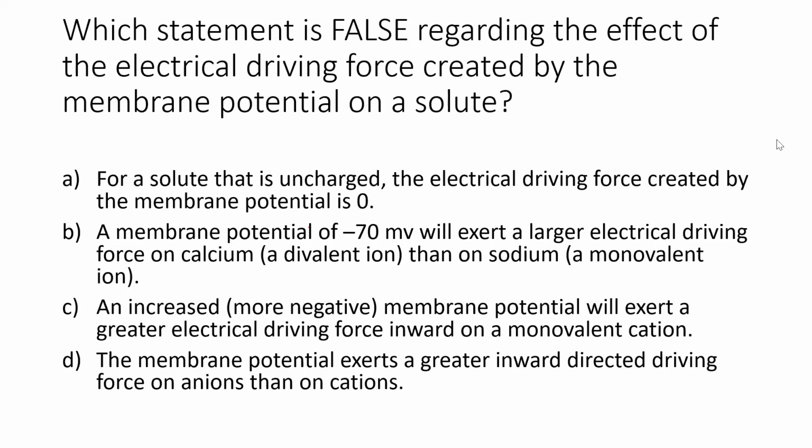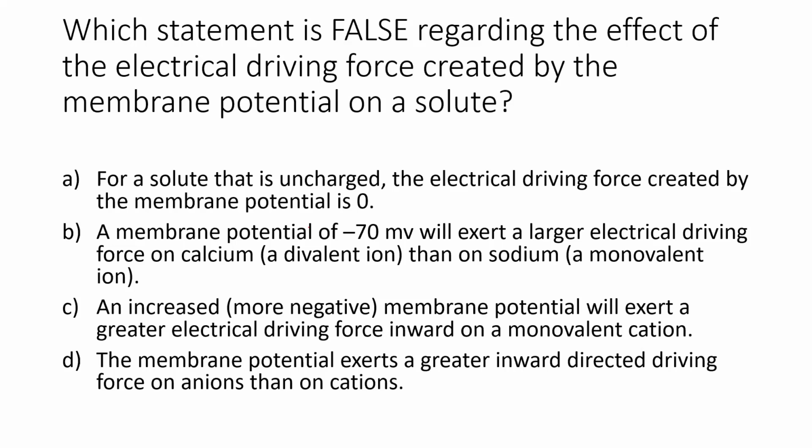If an ion is divalent, it's going to have a stronger force, even if the membrane potential is the same, than the force that would be exerted on a monovalent ion. If it's calcium, it's going to be a stronger force moving it in whatever direction because it has two charges on that ion.